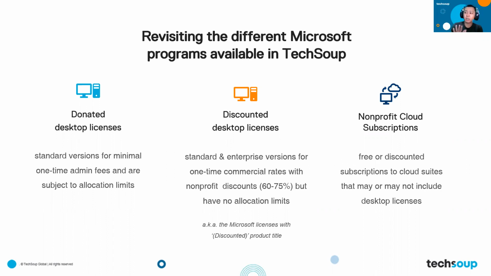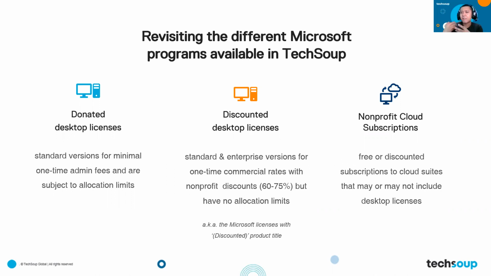Now, because these are commercial licenses with nonprofit discounts, they're not limited to your usual 50 per organization every 2 years, unlike the donated desktop licenses. They are instead available to you for as many as you would want. However, I would like to again highlight, the rates are slightly higher because they are, again, commercial licenses with just some nonprofit discounts, all right?